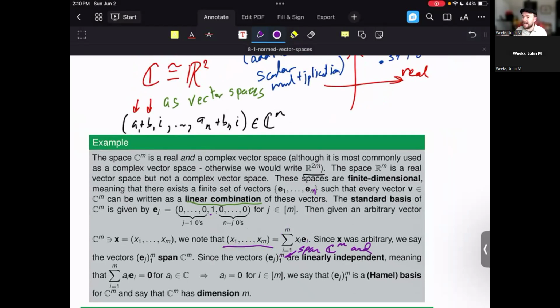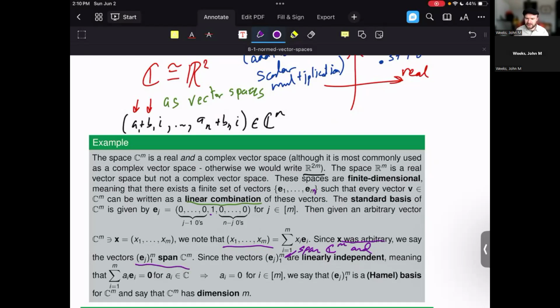In fact, this is true for any basis. So you could write this as a linear combination of these x sub i, e sub i. Since the x vector is arbitrary, we see that the vectors e sub j span C to the m, which means that any vector inside of our space can be written as a linear combination of the basis vectors.